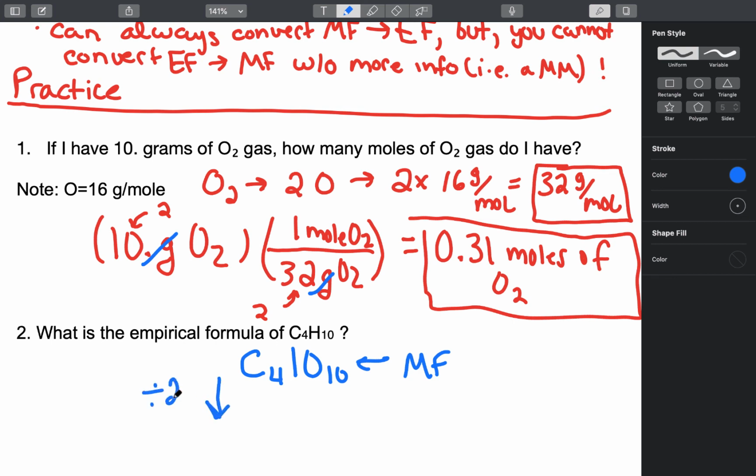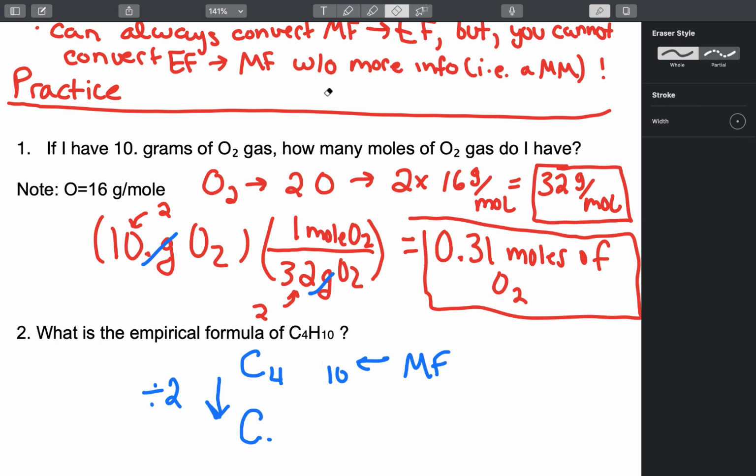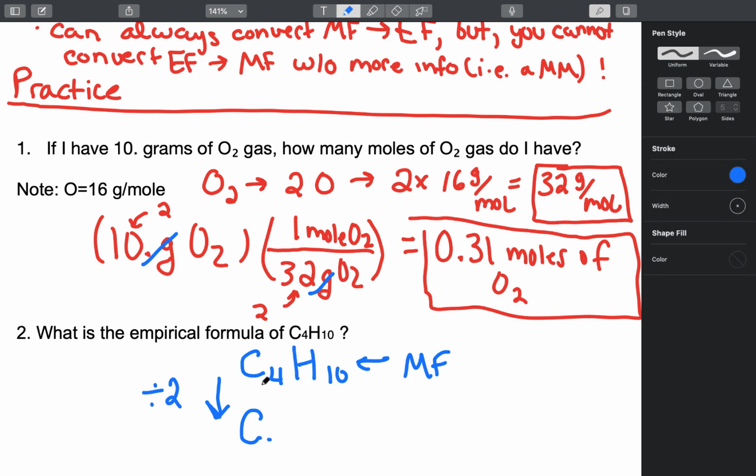So you divide C4H10 by 2, and that will give you C2H5 as your empirical formula.